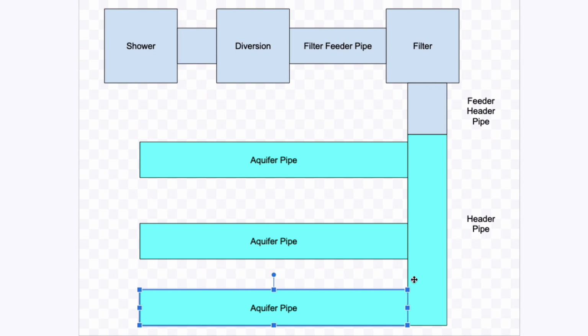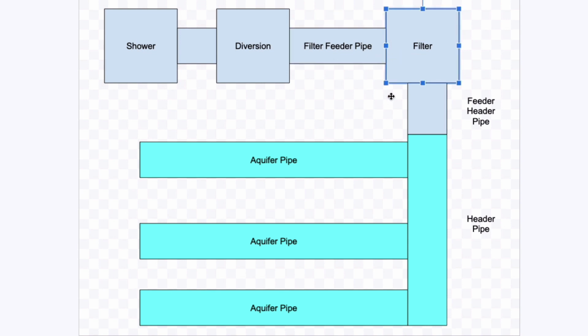Now, let's talk about the gravity flow and everything else right now. So, this is a whole gravity flow system, okay? So the shower is gravity flow into diversion. And then from the diversion, it's gravity flow into the filter feeder pipe. Now this filter feeder pipe has a slight decline on it so that it could go into the actual filter.